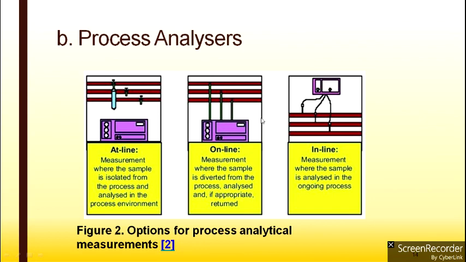So what is the difference? Online is whether the sample is diverted from the process analyzed and, if appropriate, returned. In simple words, once the process is being diverted, the online system will tell you, or it will alarm you, that you are diverting from the particular process.